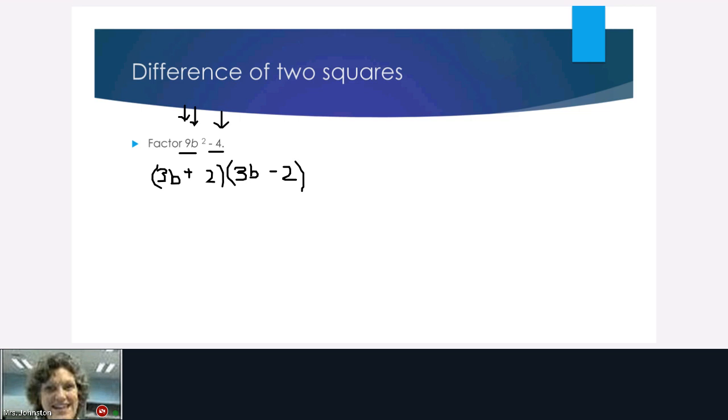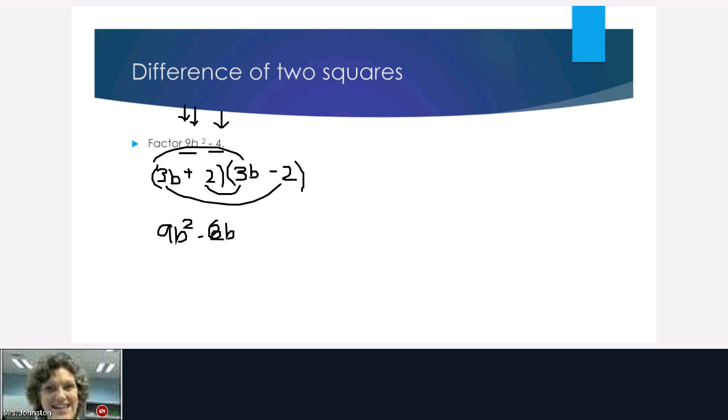First terms, 3b times 3b are 9b squared. Outside terms, 3b and negative 2 are negative 6b. And because they're nearly identical, 3 times negative 2 is not negative 2, it's negative 6.